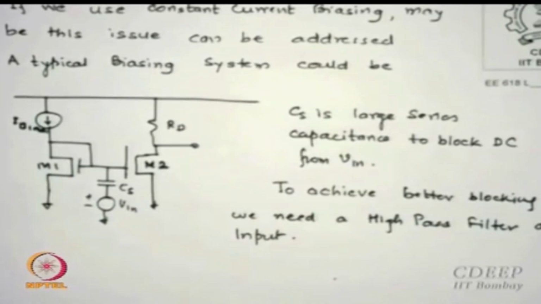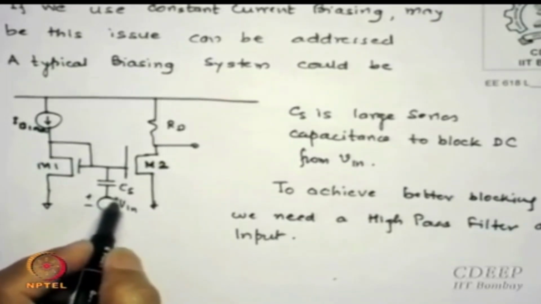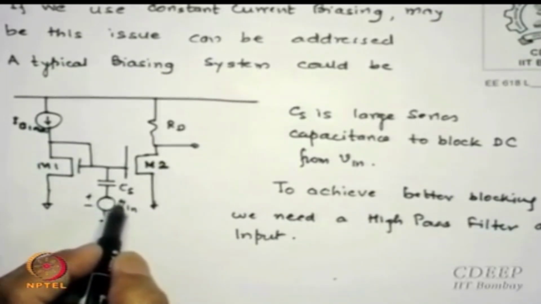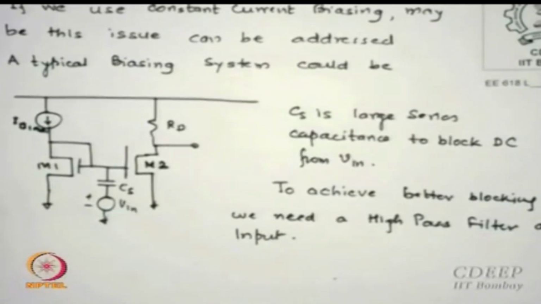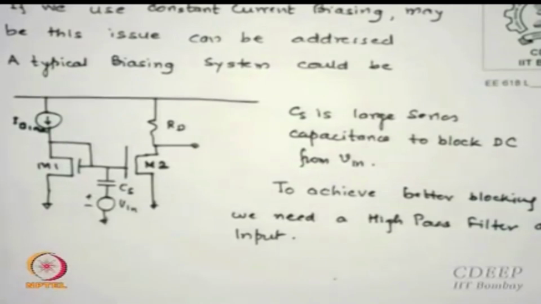Now you want to put in an input signal, so you must put it through Vin. Why do you have to put this C? Because you have to isolate AC from DC. So I put a series capacitance to the source, which is CS. However, if this capacitance is left alone, it is like an impedance at certain frequencies. My idea is that for DC at least it should pass everything, all frequencies.